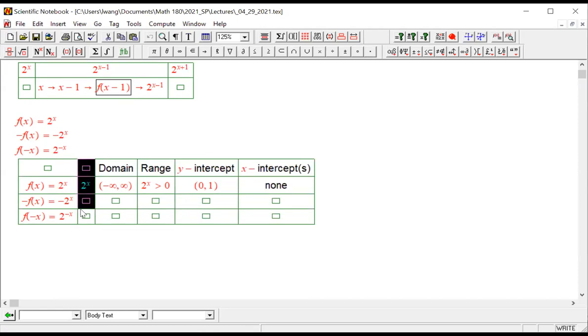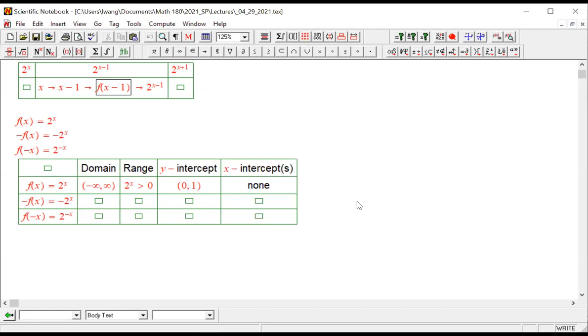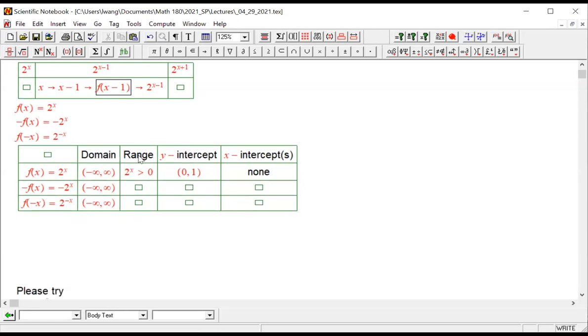Domain-wise, certainly there's no change. Did you guys sketch the picture? This picture is easy. How about this one?